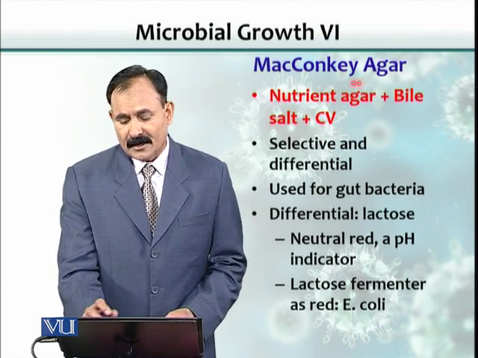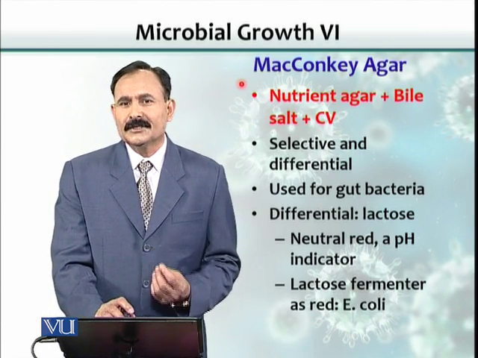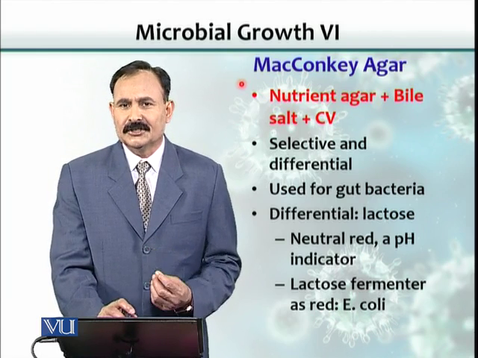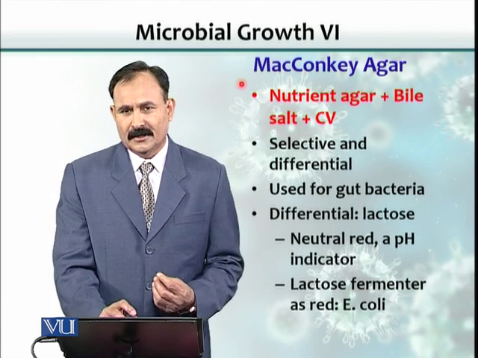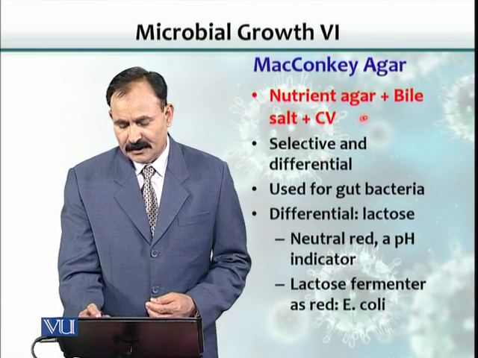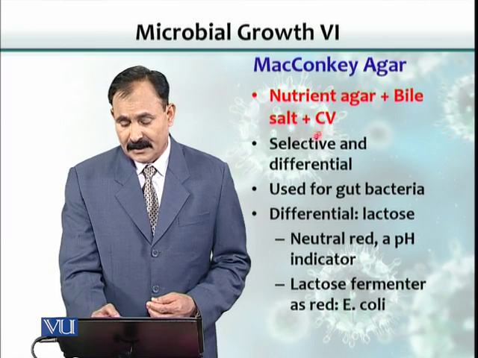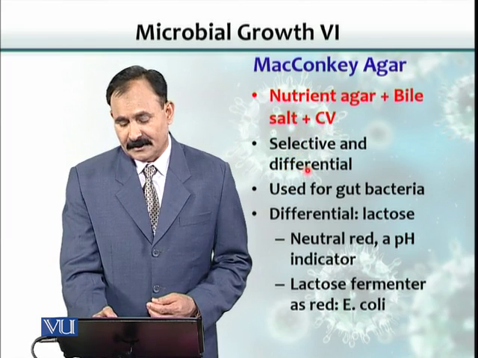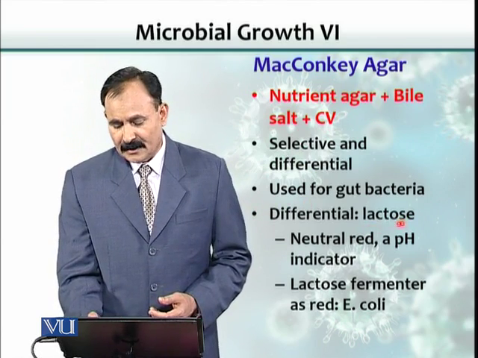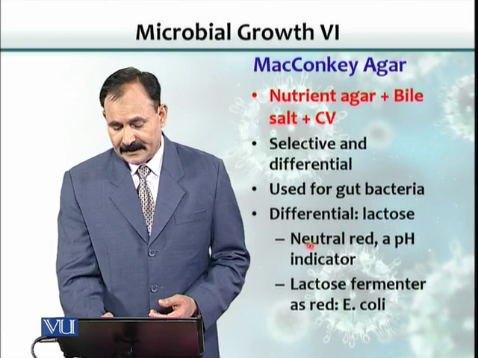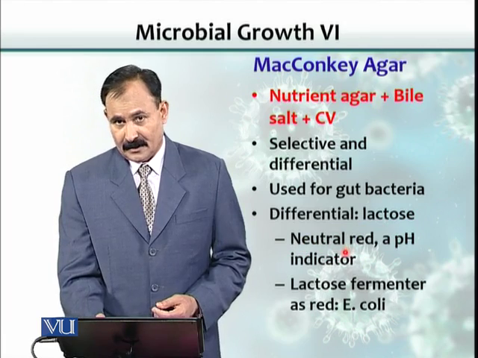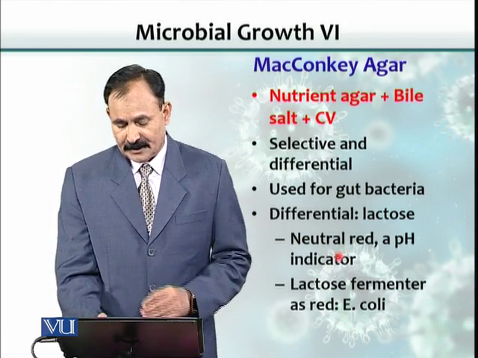So this MacConkey agar is usually used for those organisms that live in the GI tract, the gastrointestinal tract of humans or animals. It's a selective medium because of these two ingredients, bile salt and crystal violet, and it's also a differential medium. For differential purposes, we put in a carbohydrate, lactose, and there is also a pH indicator, neutral red, that is also part of MacConkey agar.